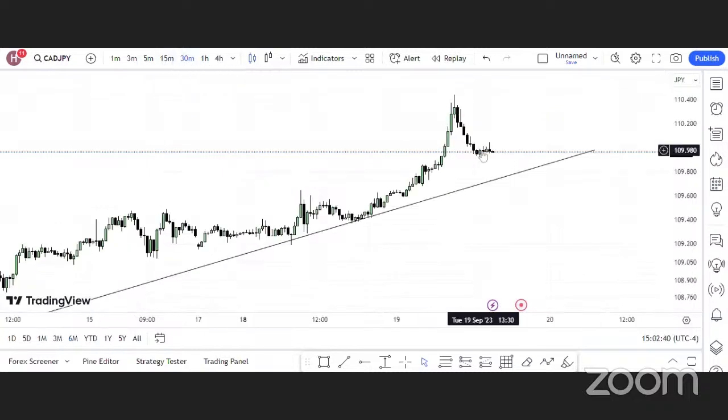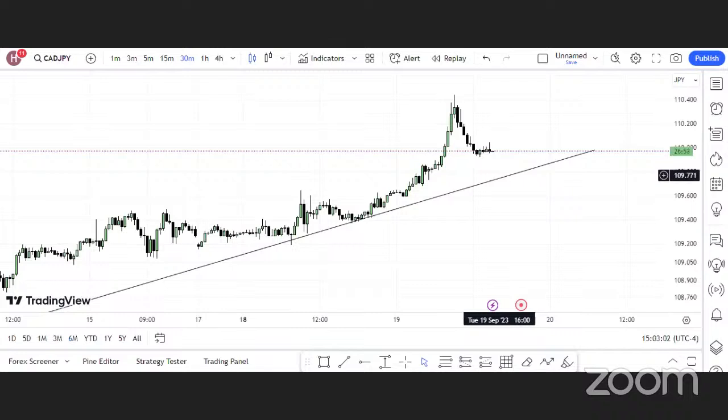I want to wait for this current movement of the market to get down to my trend line. This trend line serves as my support zone, and whatever happens here is where I'm going to make my decisions from.